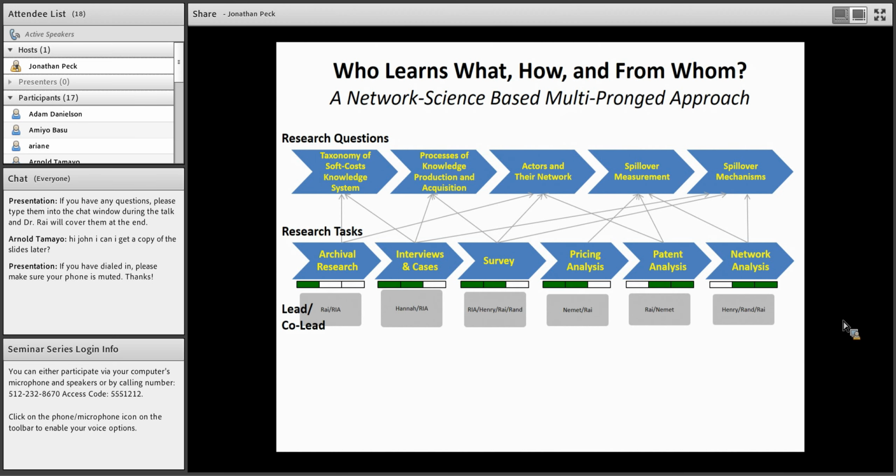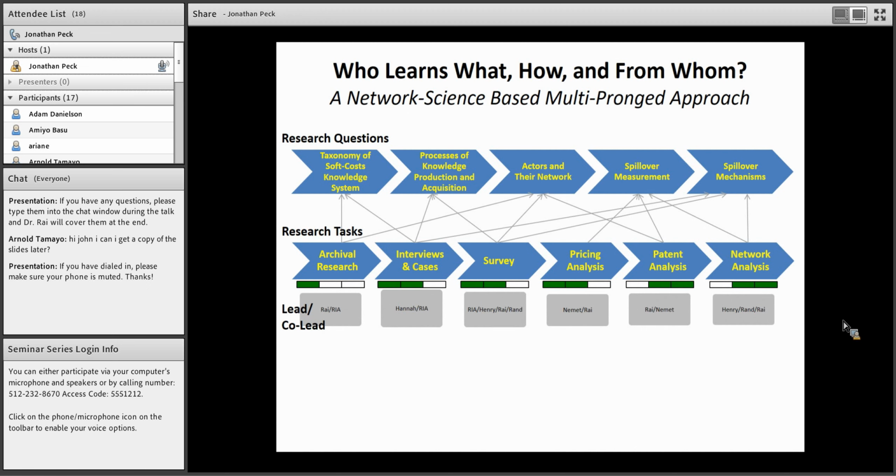So how are different actors, installers mostly, but there are other actors like nonprofits who are operating in the space, how they produce knowledge related to reducing soft cost, and for that matter, to the extent they're not producing it and learning from others, what are those mechanisms of knowledge acquisition?